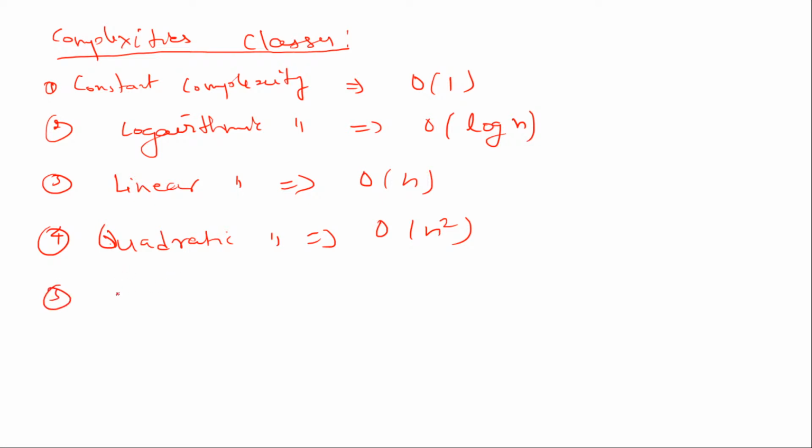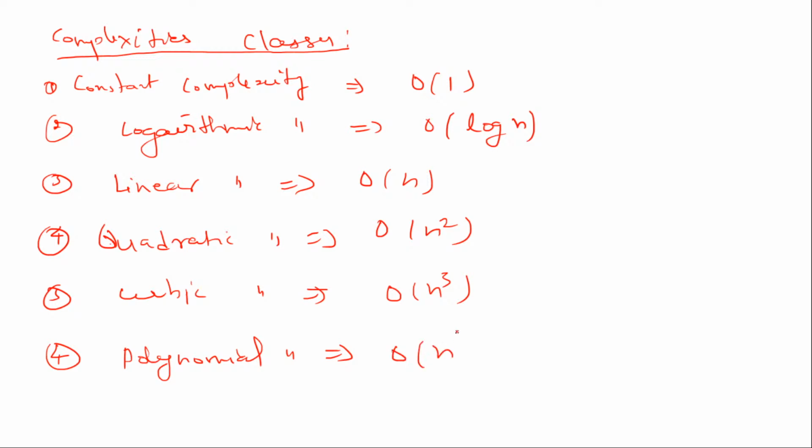And for cubic complexity we take order of n cube. For polynomial complexity we take order of n to the power c, where c is a constant and c greater than 0.